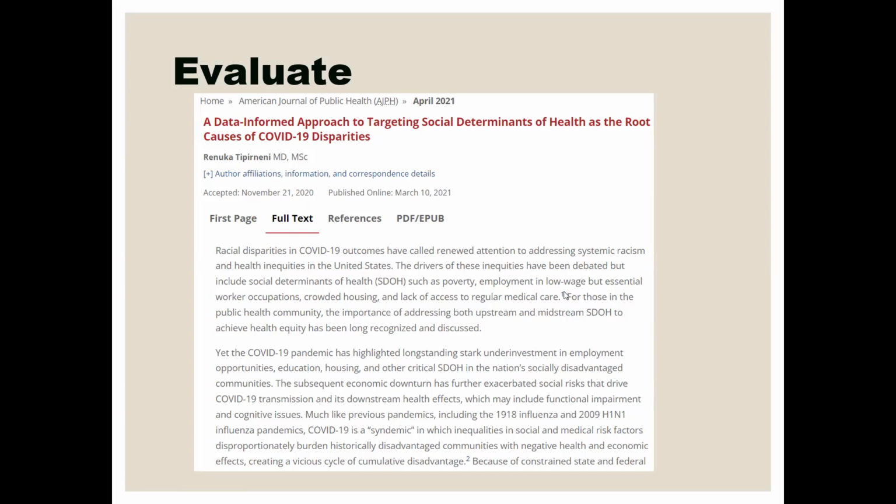We have citations. For those in the public health community, the importance of addressing both upstream and downstream social determinants of health to achieve equity has been long recognized. Yet the COVID pandemic has highlighted the stark underinvestment in employment opportunities, education, housing, and other social determinants of health in disadvantaged communities, right? So we see syndemic, two pandemics at the same time.